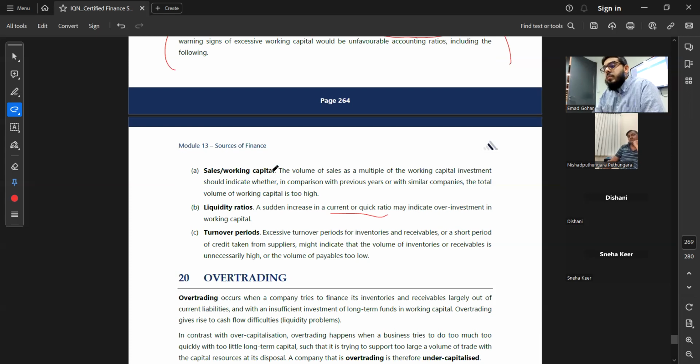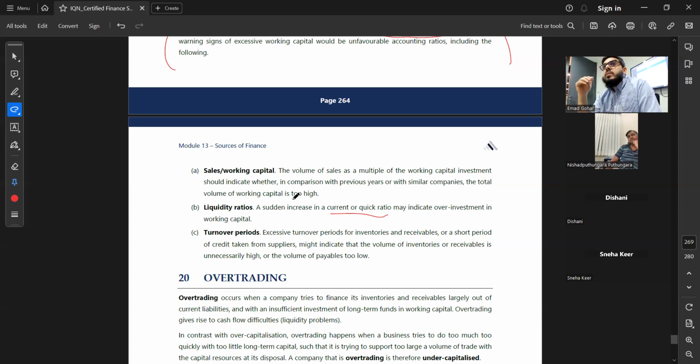Similarly, if you do sales divided by working capital, you can also get an idea. For example, let's say your sales are 100 and working capital is 50. So how much is the ratio? 2. It means that on $1 of working capital, you are generating $2 of sales.